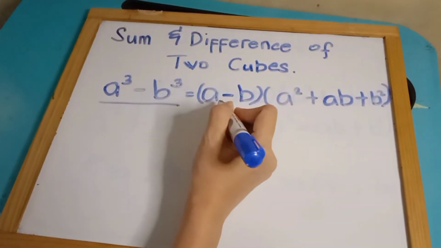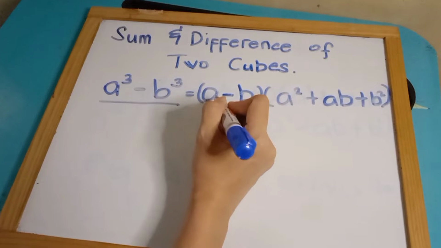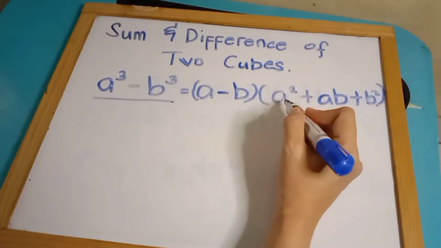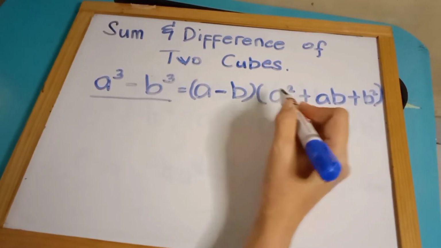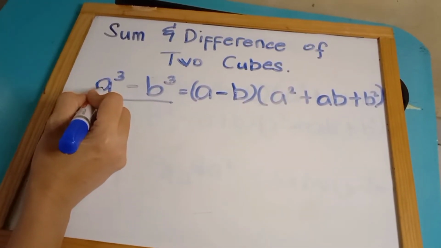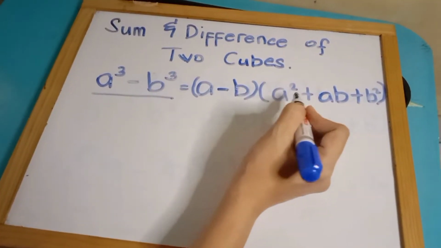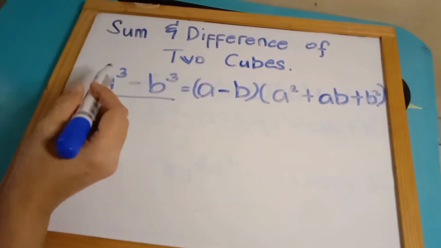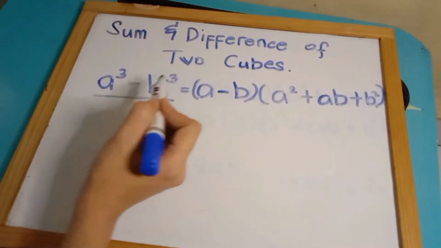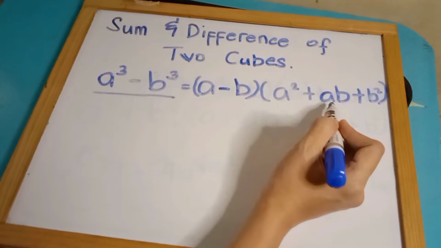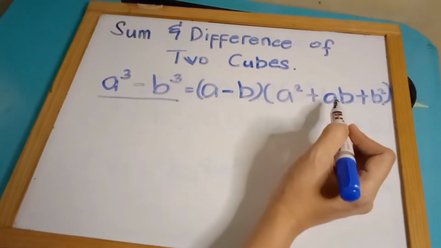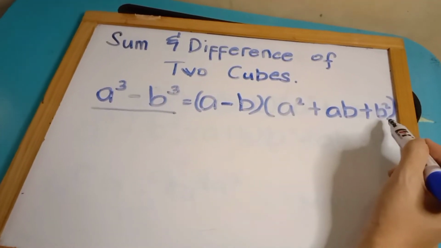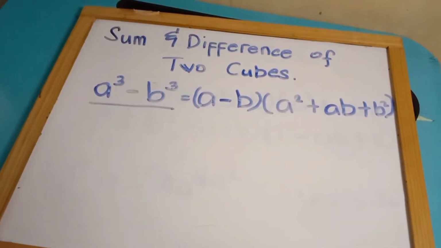So, the first factor is the difference of the first and the last term, multiplied by the square of the first term. So, square of a, that's a squared, plus the product of the first and last term. So, a times b, that's ab. And then, plus the square of the last term. So, the square of b, that is b squared. Please take note of the sign.